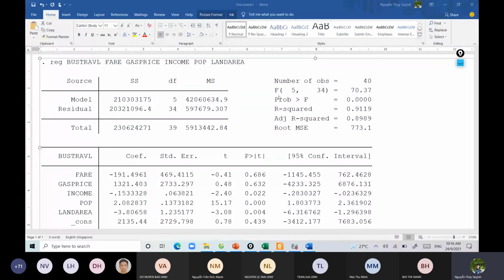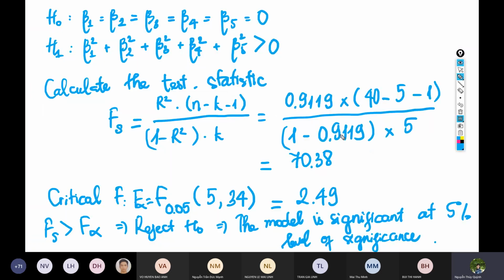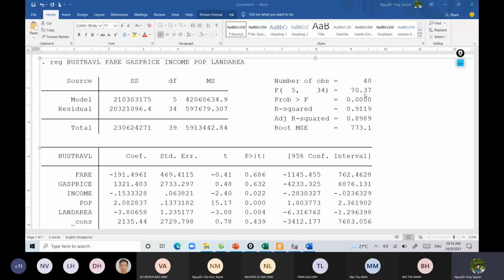The observed value of F here, you don't have to calculate it. The model has calculated it for you. As you see, there may be a little difference between the value that you can calculate and the value in the table, because there may be some calculation error, some rounding error.